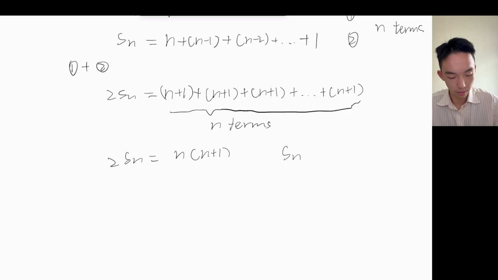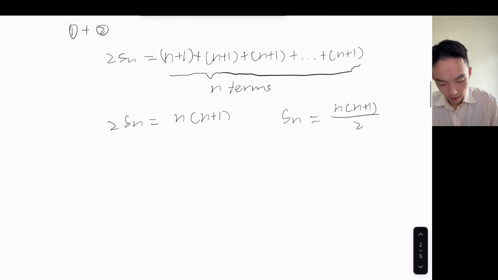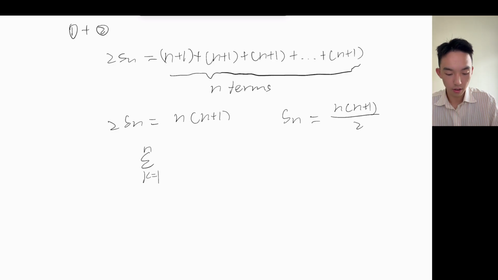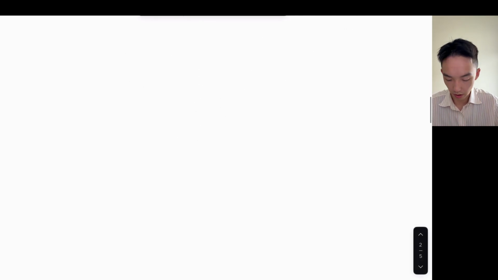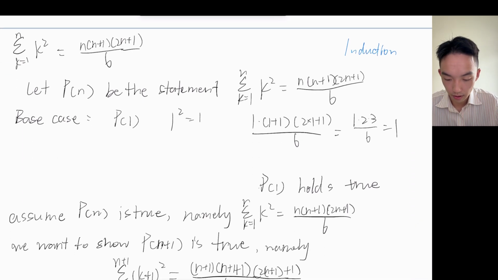So Sn will be n times n plus 1 divided by 2. So finally, the sum from k equals 1 to k equals n is n times n plus 1 divided by 2. So proof done.